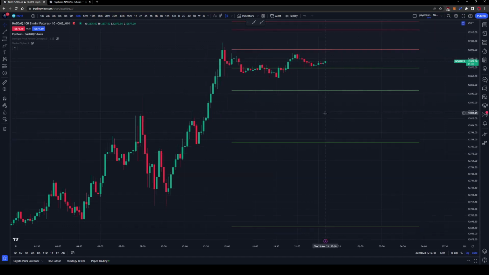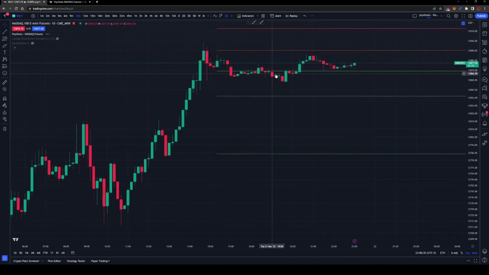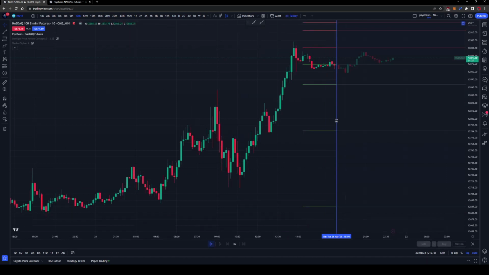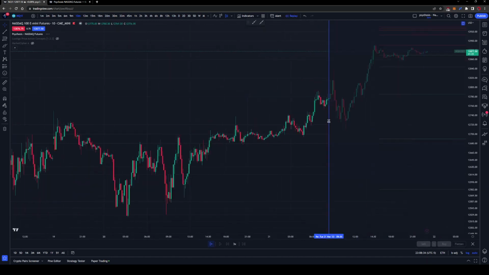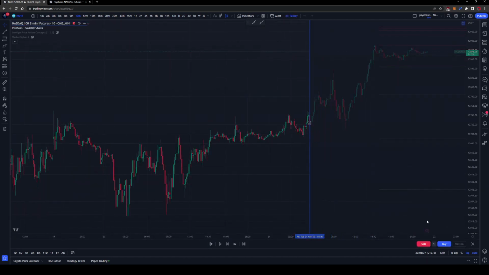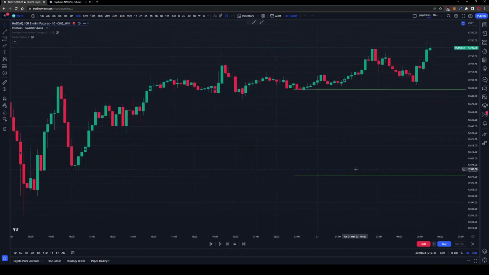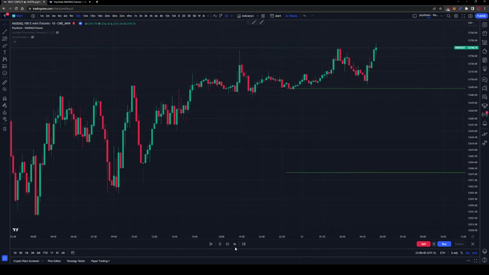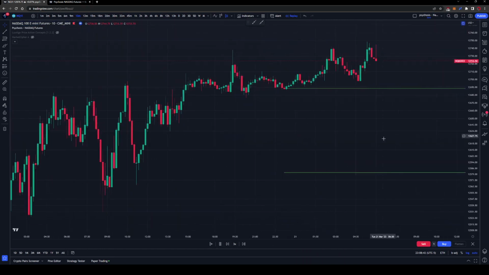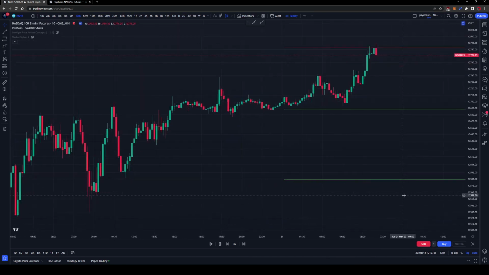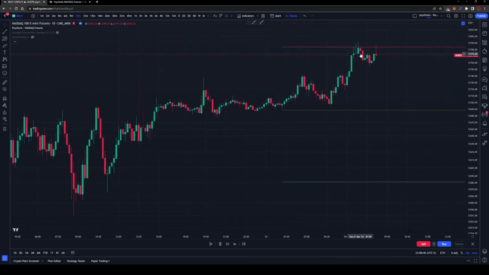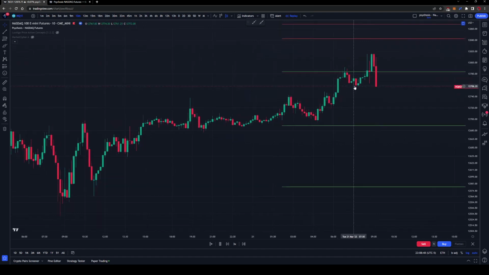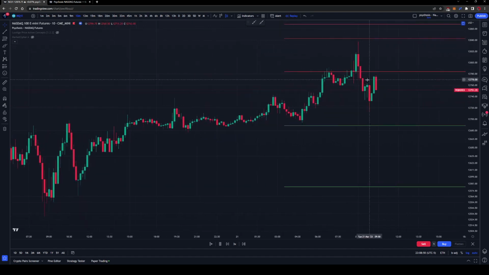Pretty good. If we go back from earlier today, like from 6 a.m., you can kind of see what's going on here. This is what played out through the day, and I did a video earlier on TradingView. Look, you could have got a decent little short out of that. You'd hit your stop loss.